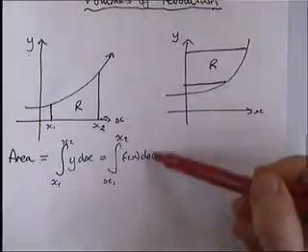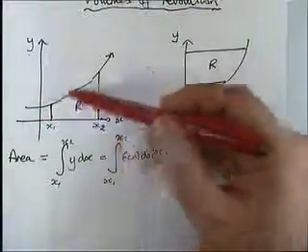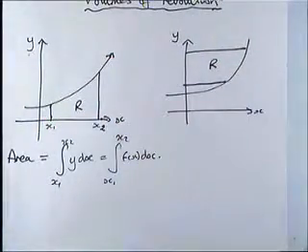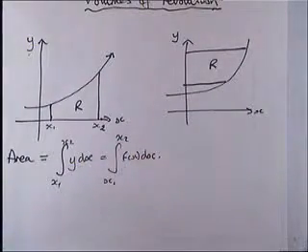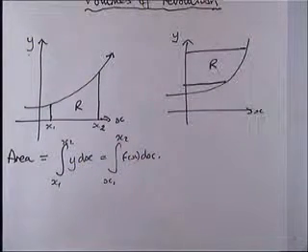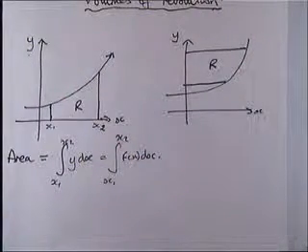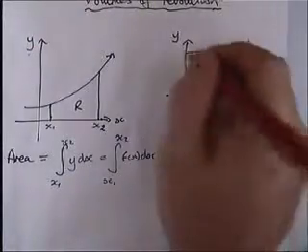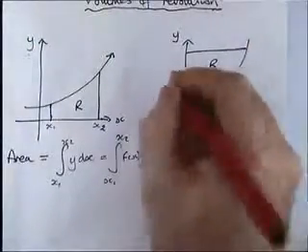Now, as we're integrating with respect to x, it's the area between the curve and the x-axis. I want you to try and get away from the idea of the area under the curve, because when you come to do this type of integration, typically you find it harder.